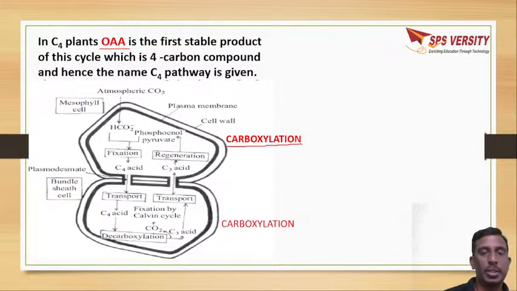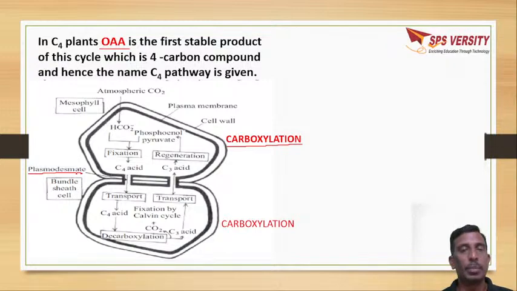And these substances will move from mesophyll to bundle sheath, or bundle sheath to mesophyll, through plasmodesmata. Okay. So finally, the C4 cycle is complete.